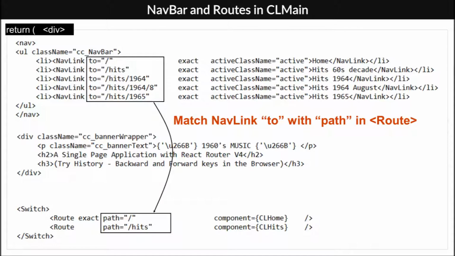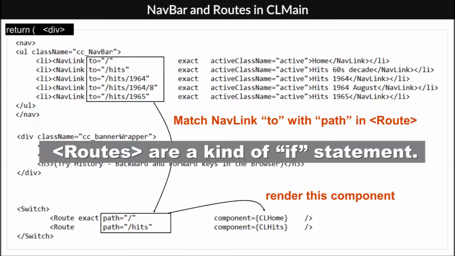And they are matched with a route, the path attribute of a route. You can see the matching going on here. And then the final part, it says when you successfully match a NavLink item to a route in the route entry, this is the component that you will render, Home or Hits.